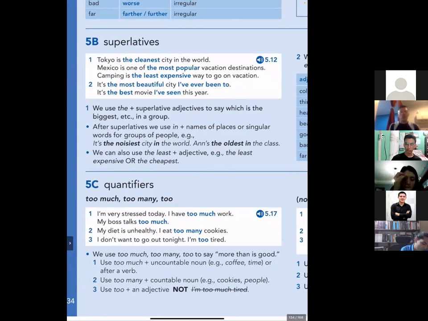That's gonna make it way easier, because by knowing that, you know that you're gonna use too much plus an uncountable noun. So you can say too much water, too much money, too much rice, too much hunger, etc. Because those are uncountable nouns. And too many is for all of those that you can actually count.